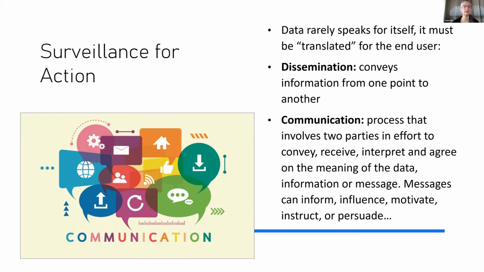So for dissemination, we can just throw the information back out there and people can use it as they want. But probably the better mechanism is to translate that into some sort of effective messaging that can be used to inform, influence, motivate, instruct, or even persuade people to make changes in what they do.